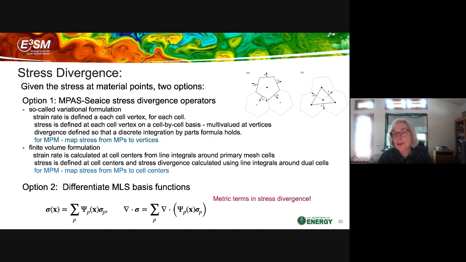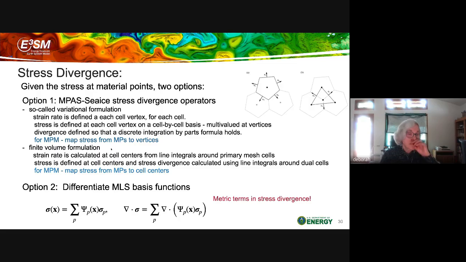So stress is actually multiple valued, where there's a value of stress at this vertex from each of the surrounding cells. So if we want to use that operator, what we do is take stresses from material points on each cell and get a vertex value.